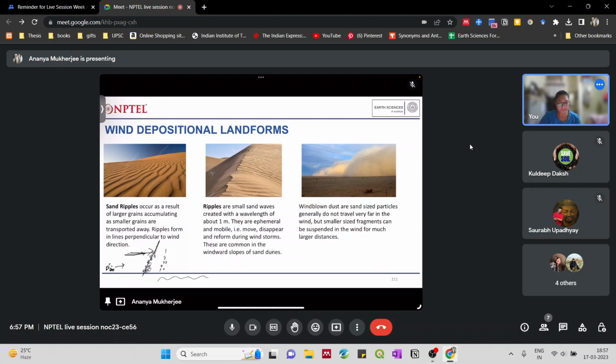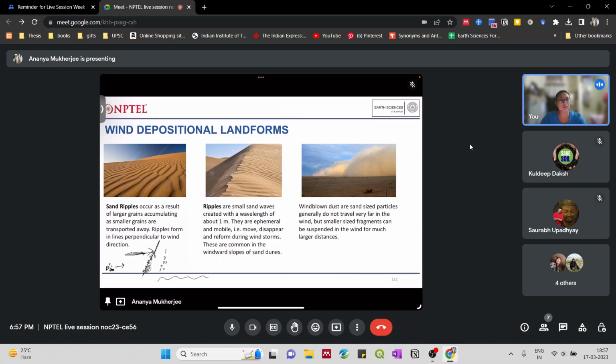And there is something called windblown dust. These are sand sized particles, a bit coarser in nature, but these coarser ones will not travel larger distances.